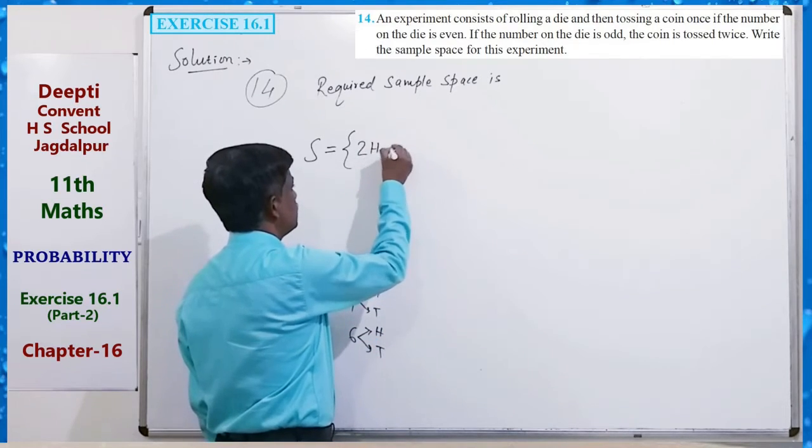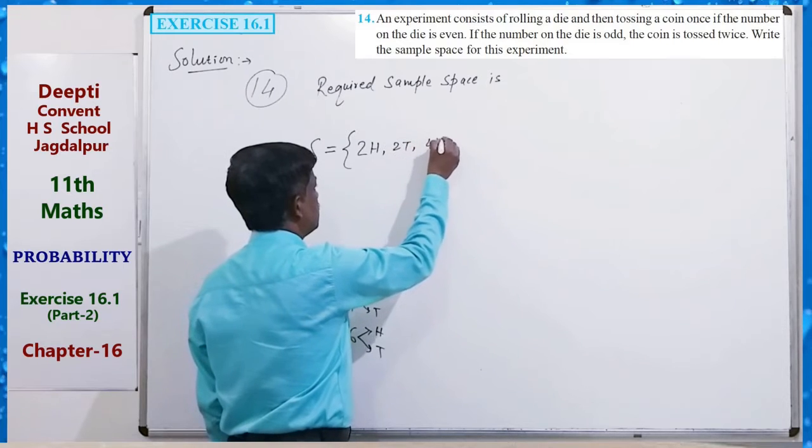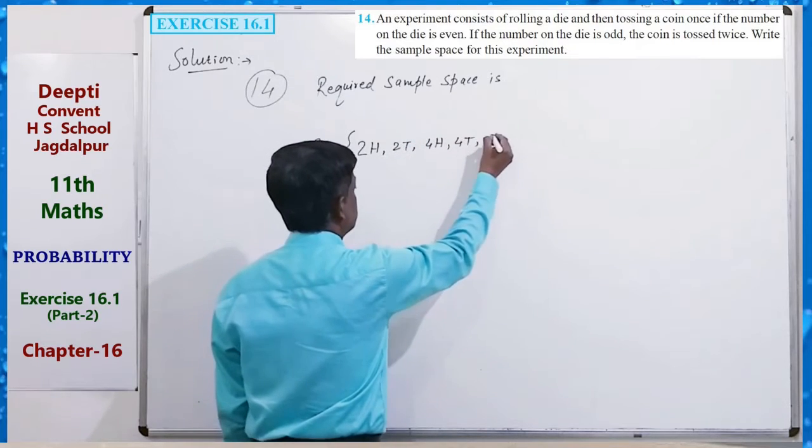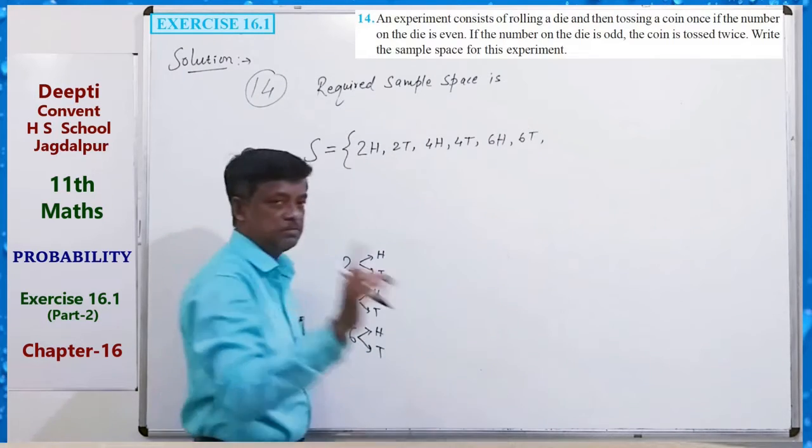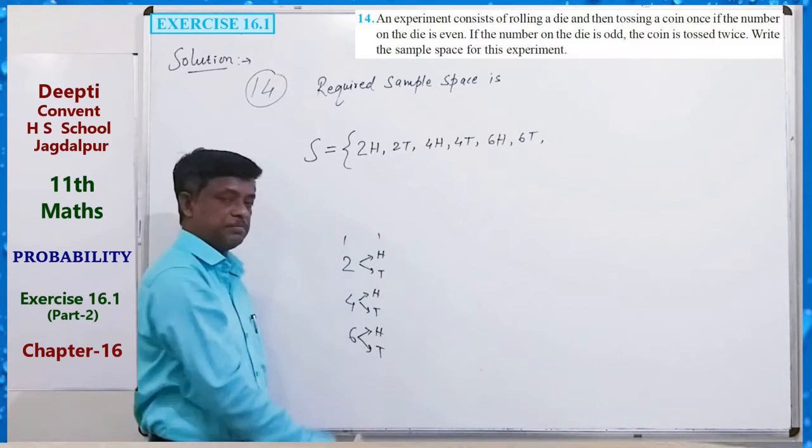So 2H, 2T, 4H, 4T, 6H, 6T. One time tossing.